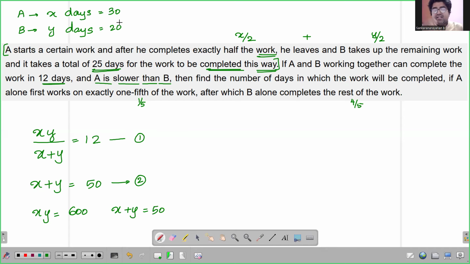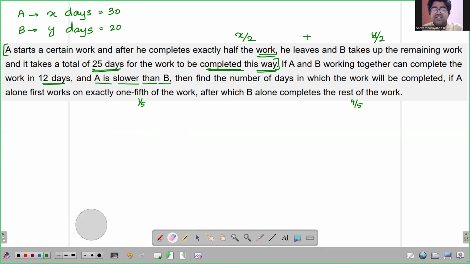Your skill with knowing the numbers, adding them, the total is 50, multiplying them, the total is 600. Your familiarity with all these multiples will help you to answer this very fast. So I understood that A is taking 30 days to complete the work working alone and B is taking 20 days to complete the work working alone.